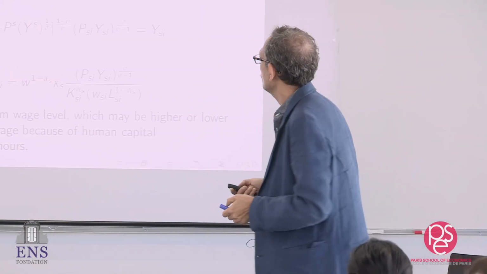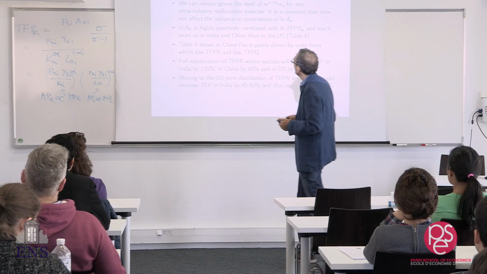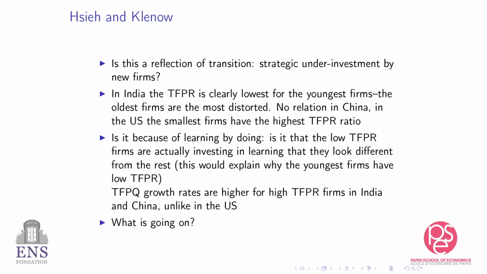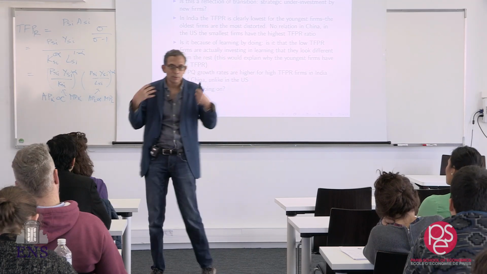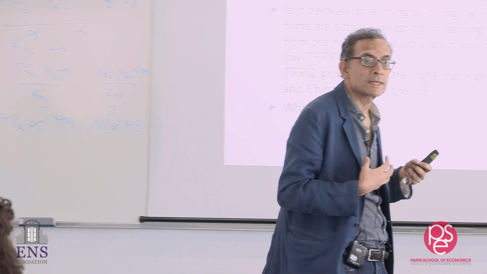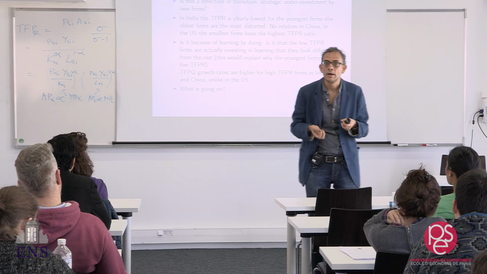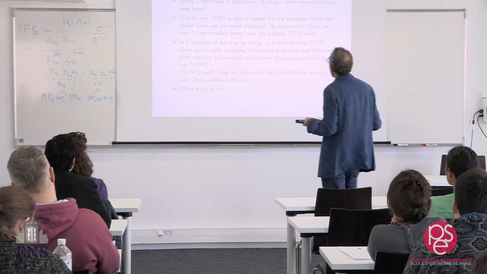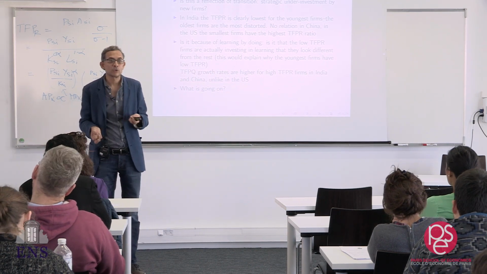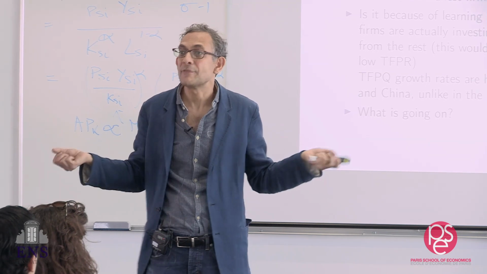So you might worry about, for example, strategic underinvestment by new firms. That's the idea. Maybe we observe this pattern, but it makes perfect sense: there are a lot more young firms in India, and those young firms are the ones that are deliberately underinvesting, and therefore that's efficient.